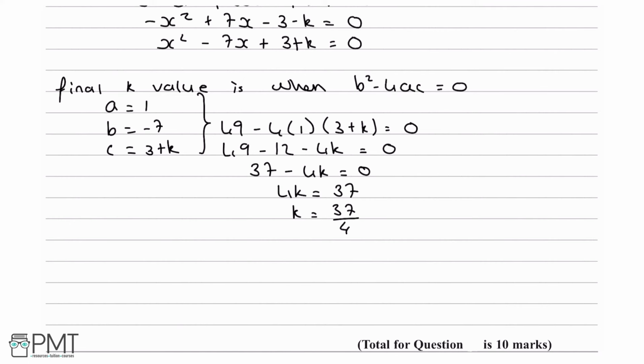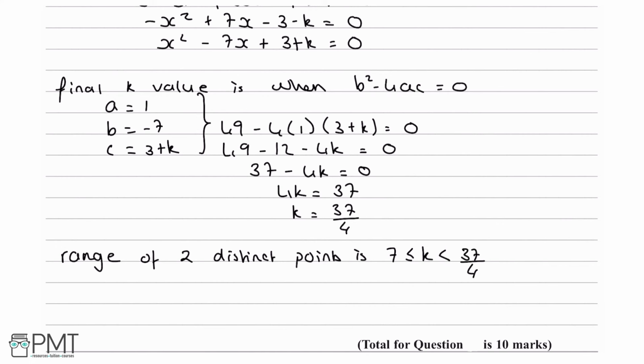Now we want to find when k has two distinct points, not one point. Okay? So what we would say is the range of two distinct points is, so the first point we found was 7, so we keep that, k, but we use a strict inequality here, 37 over 4.